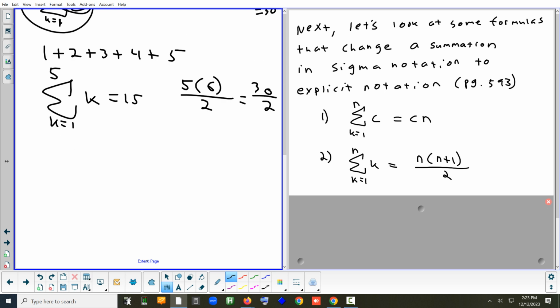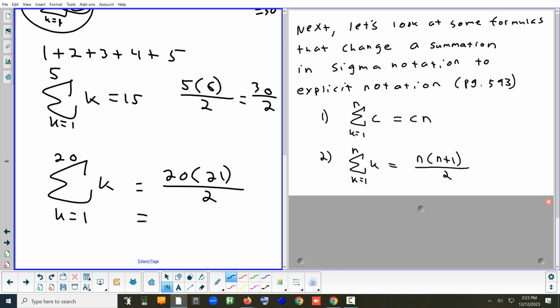So now, if you wanted to add up, let's say every number, k equals 1 to 20. What's n in this case? 20, that's what you're stopping at, times what's 20 plus 1? 21, and divide by 2.